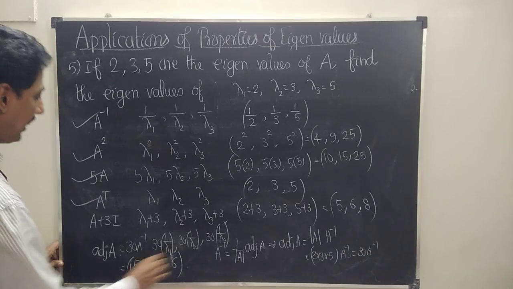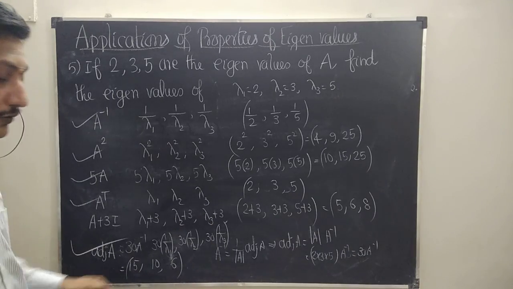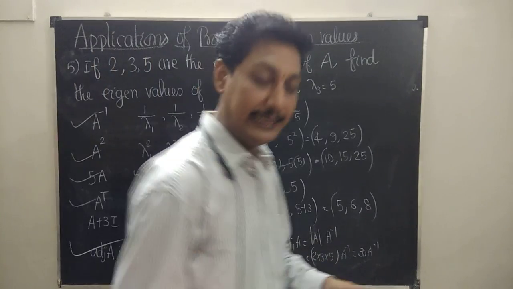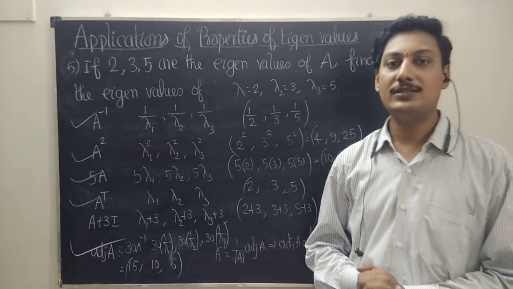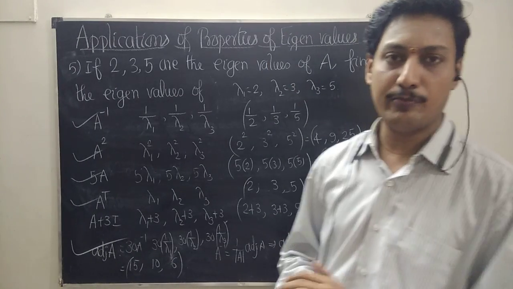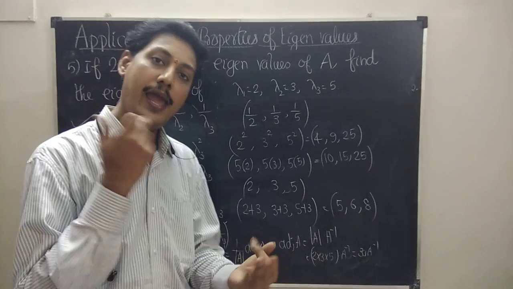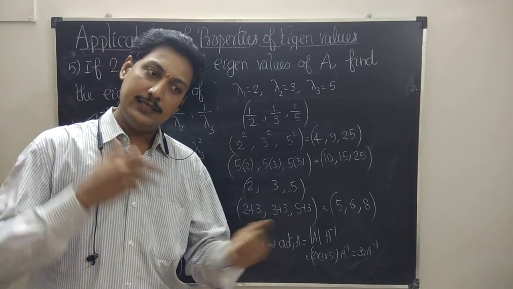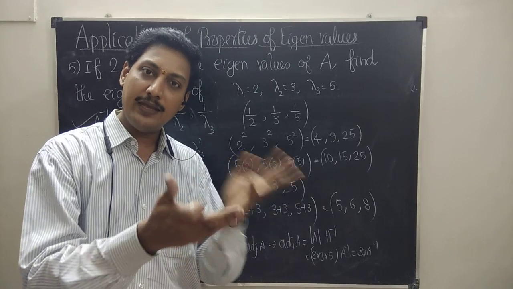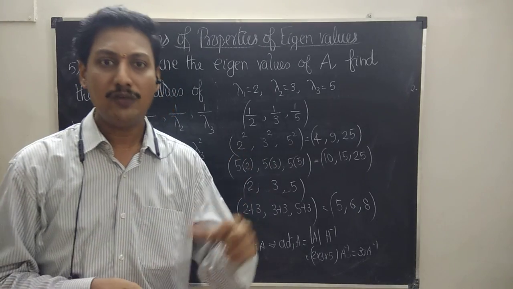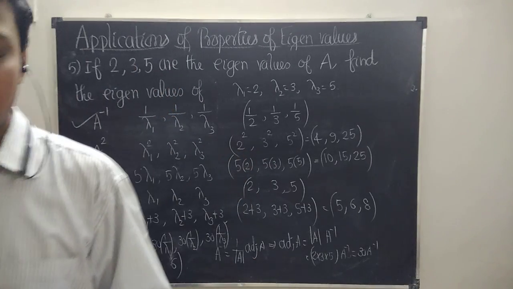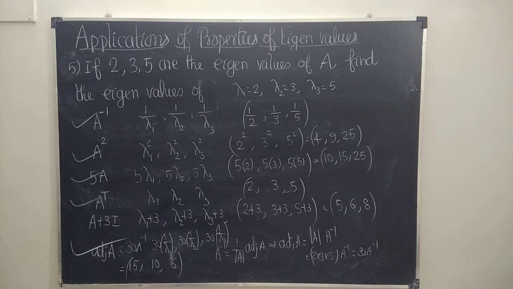So these are the eigenvalues of adjoint of A. So these are the various applications of the properties of eigenvalues. Very interesting properties. We can find the eigenvalues of not only A power, A inverse, adjoint of A, scalar multiplication, and plus or minus the scalars. Whatever we can do, that is the beauty of these properties of eigenvalues.